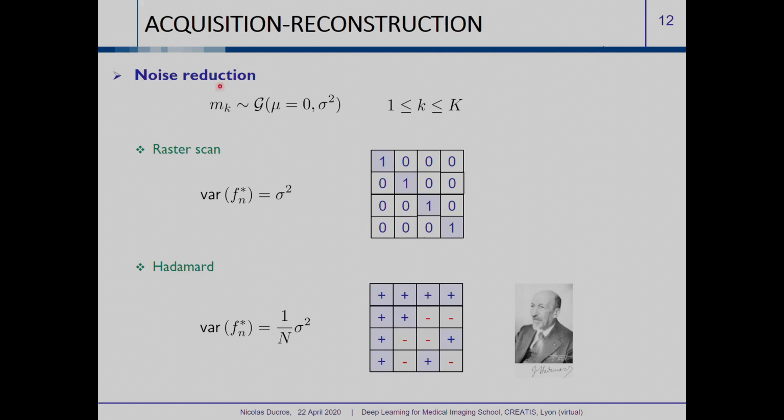This can be illustrated here. If we consider noisy measurements, what you measure is the true measurement plus some additive noise with known variance sigma squared. If you acquire each pixel independently, first pixel, then second, then third and fourth, you will end up with a variance on the reconstructed image of sigma squared. However, if you acquire with the Hadamard matrix, you will have a reduction in the variance by a factor n.